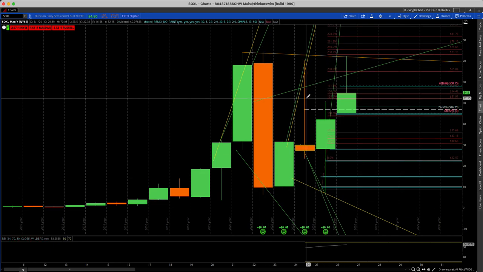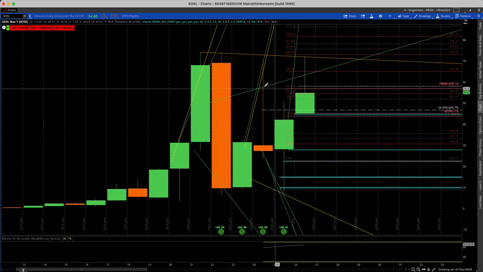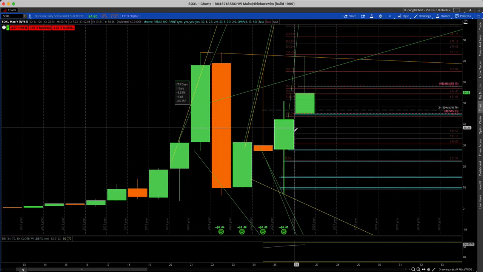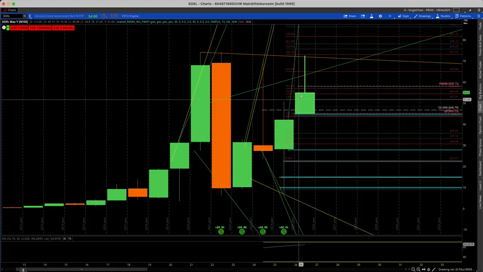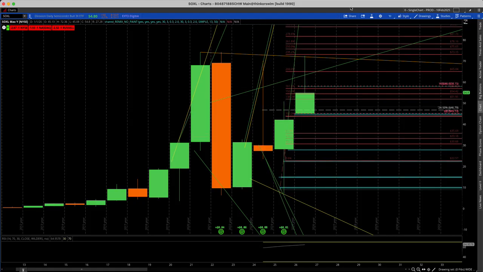So again, nothing to worry about from the year time frame, but just keep an eye on those smaller time frames to see what will set up on the quarter and the year. Right. So that's everything we've got from the zoomed out perspective.